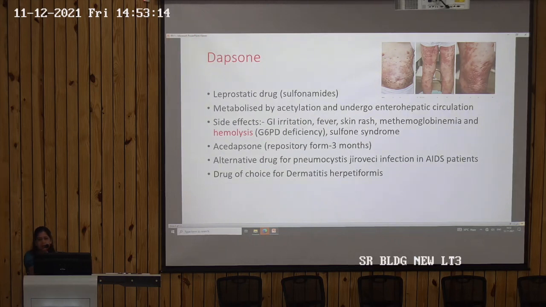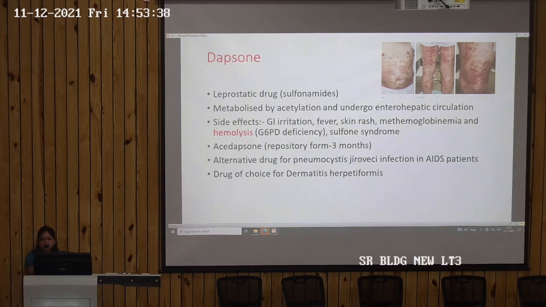Another important drug interaction which is asked with rifampicin is oral contraceptive failure. Why? Enzyme inducer. Main side effects with Dapsone are GI irritation, fever, rash, methemoglobinemia; hemolytic anemia is the important side effect with Dapsone, and sulfone syndrome.